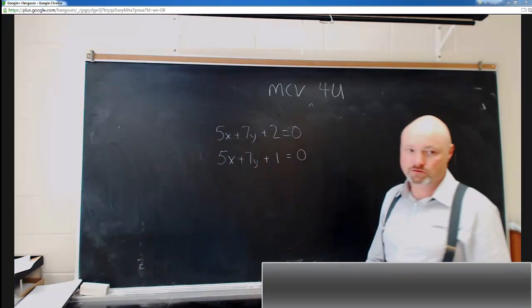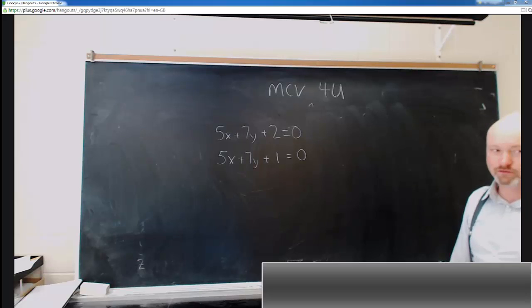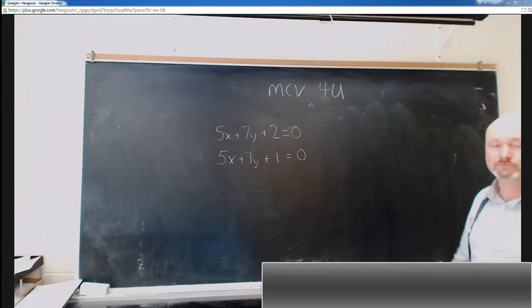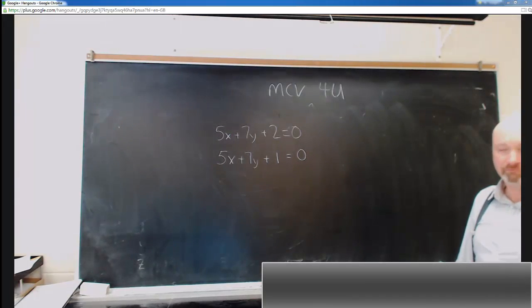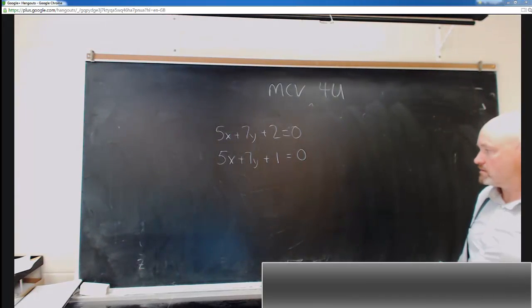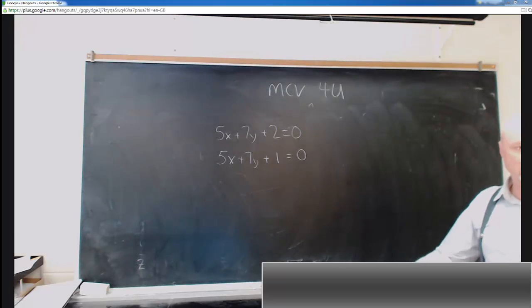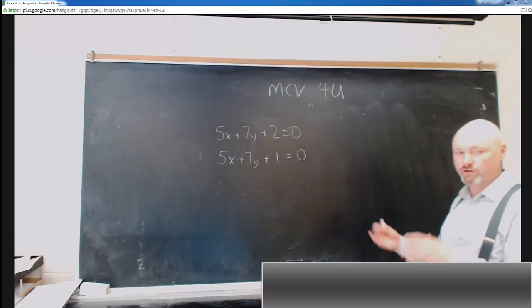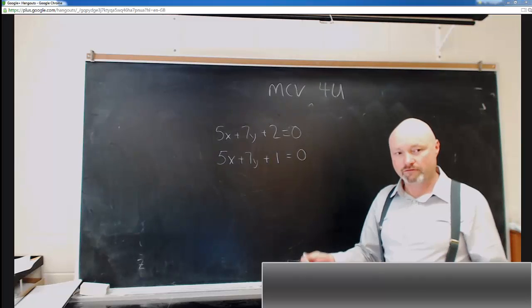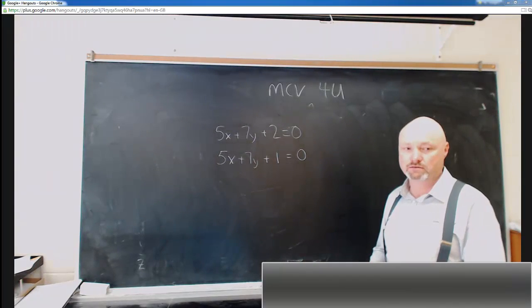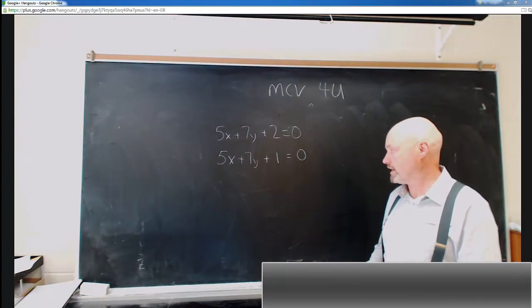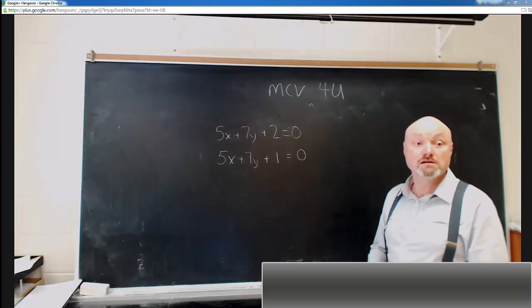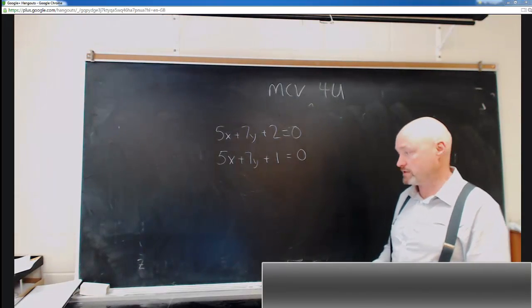Oh, okay, so you're thinking 5x plus 7y plus 4. Yeah, I just converted it to slope. So we're just looking to see if they're parallel. If they have the same slopes, they might be coincident. And if they don't have the same slopes, they have to intersect in 2 space.